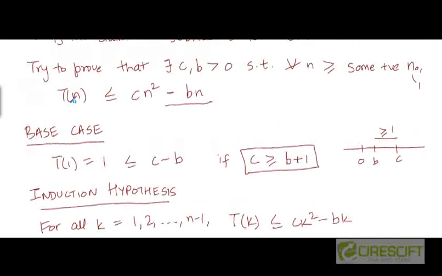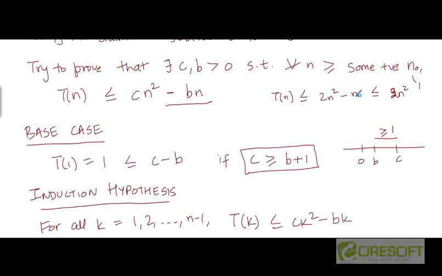So if T of n is less than or equal to 2n square minus n, we can also claim that for large enough n, this right hand side must in turn be less than or equal to, say, 2n square.